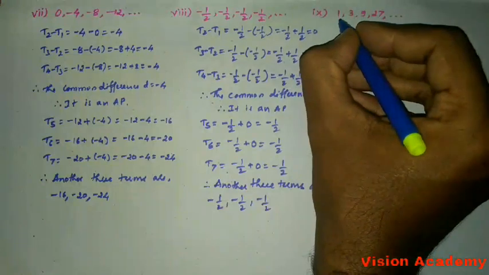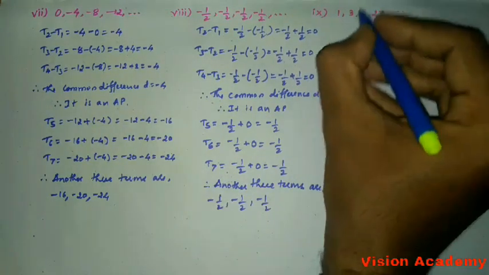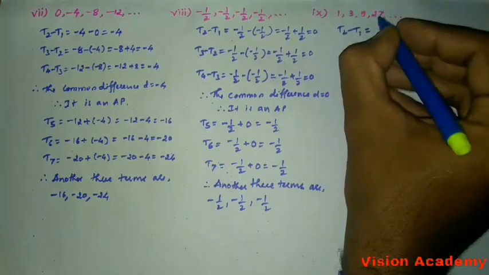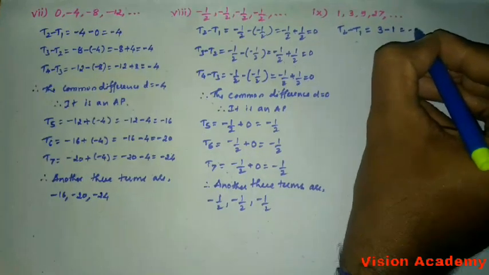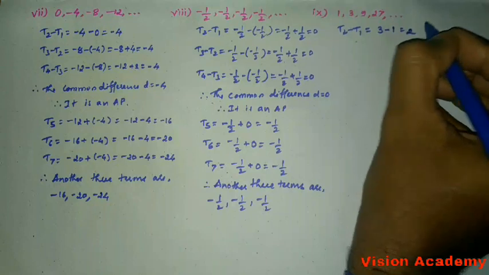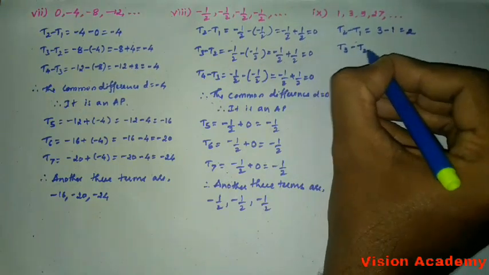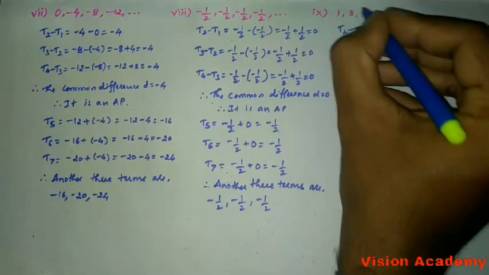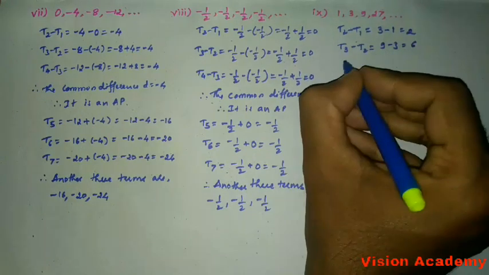Now let us move on to the ninth question. 1, 3, 9, 27 and so on. Here we will write T2 minus T1 is equal to T2 is 3 minus T1 is 1, which is equal to 2. Here T3 minus T2 is equal to T3 is 9 minus T2 is 3, which is equal to 6.